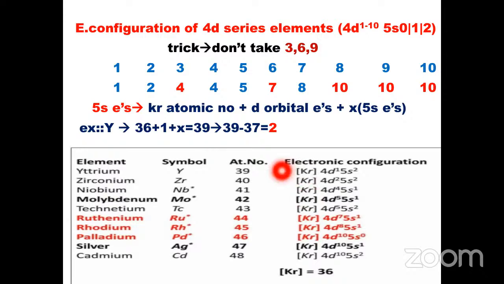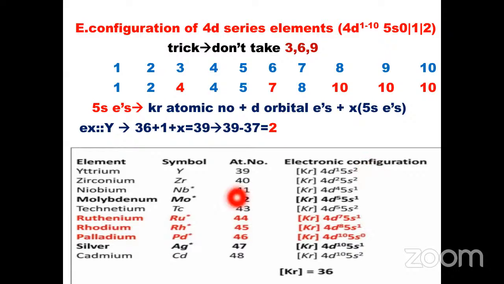Its atomic number is 36. Next, how many d electrons are present in yttrium? Only 1. Then we'll write here 1 plus x, meaning 5s electrons, is equal to the atomic number of this corresponding element. Yttrium's atomic number is 39. Here x is equal to 39 minus 37. That is equal to 2. These are the 5s electrons of yttrium. These two electrons fill in the 5s orbital.